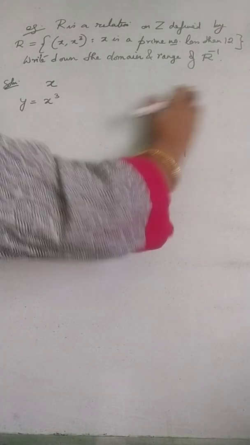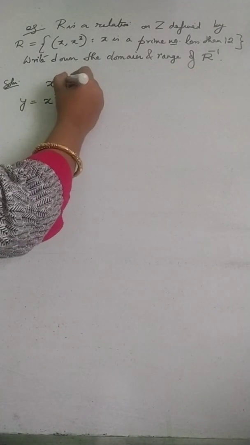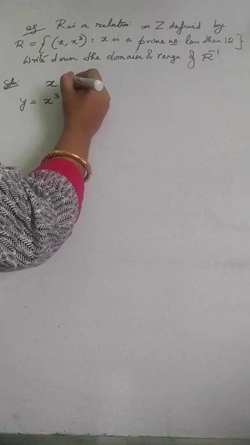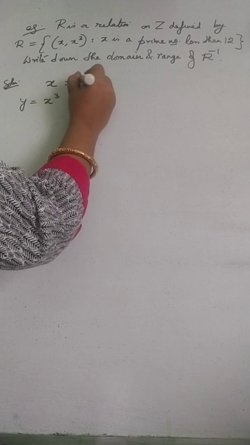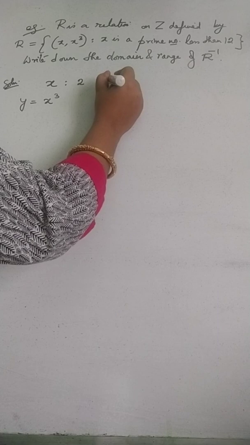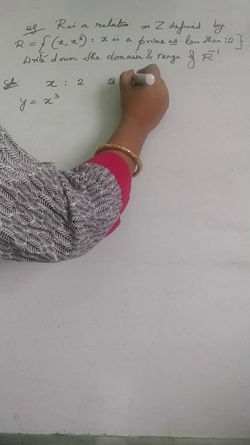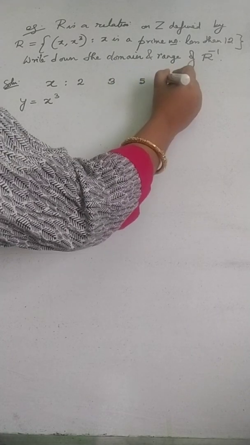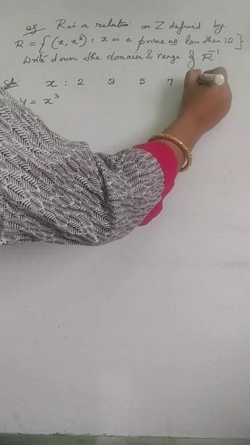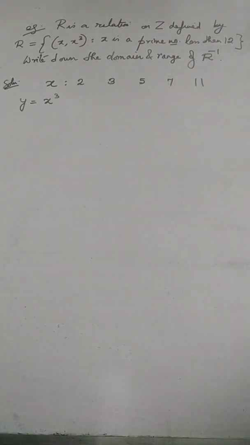I think I'll write directly. Prime numbers less than 12, what are they? They are 2, 3, 5, 7 and 11. Nothing more, isn't it?